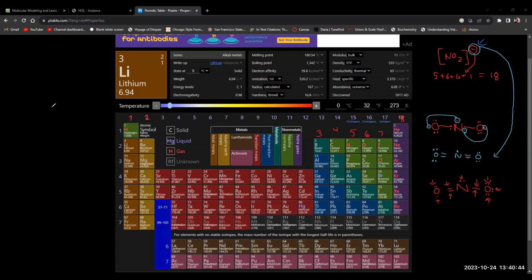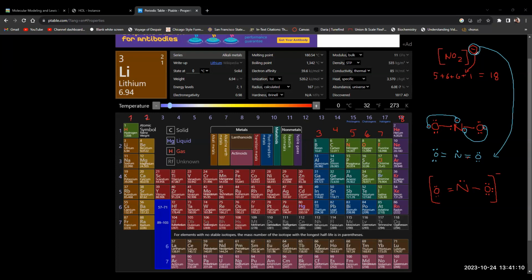But there's one last thing that we have to do. I'm just getting rid of these arrows first. To show that there's a negative charge on the structure, we add brackets and the charge that it's associated with.